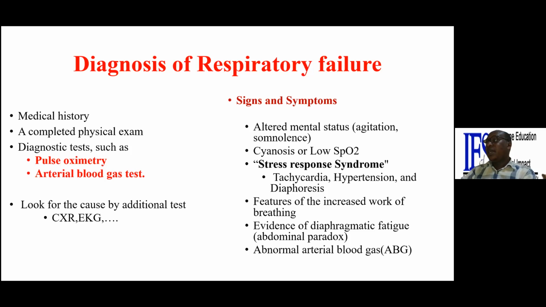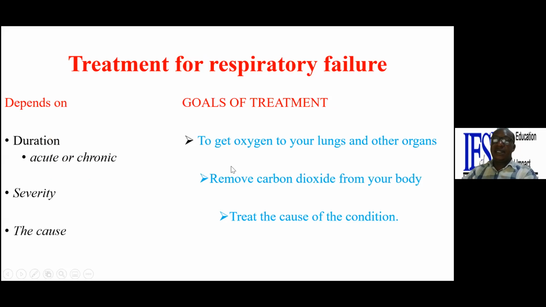Of course, the patient will show paradoxical respiration, which will be really a good feature of diaphragmatic fatigue. Of course, I told you ABG also will help to diagnose. So let's go on the next slide and see the target of treatment.